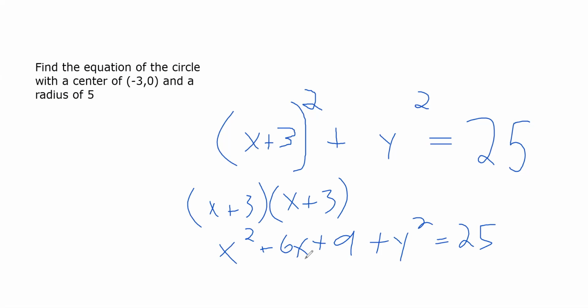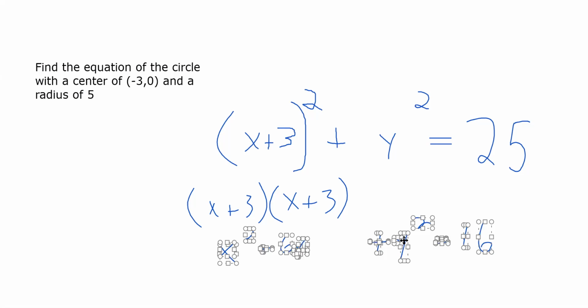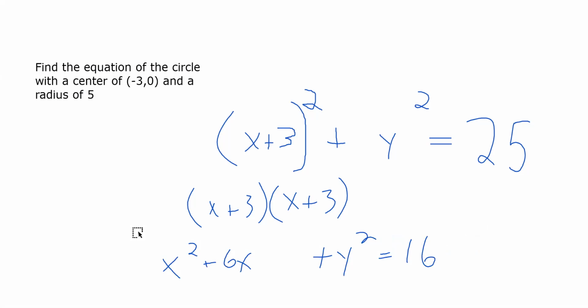And so you can see pretty quickly it gets tenuous. Notice if it's written in this form, and maybe you move the 9 over, suddenly you can't just read the center off the graph. And then if we did move the 9 over to the other side, we subtracted 9 from both sides. 25 minus 9 would be 16. If you did it like this, you can't read the radius either, because you'll notice that it's not written in the proper standard form.